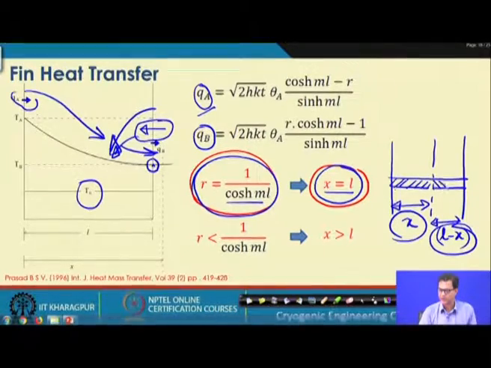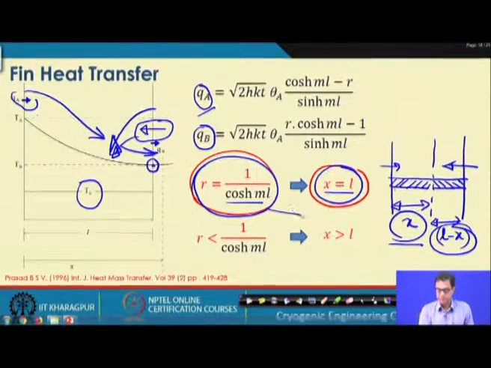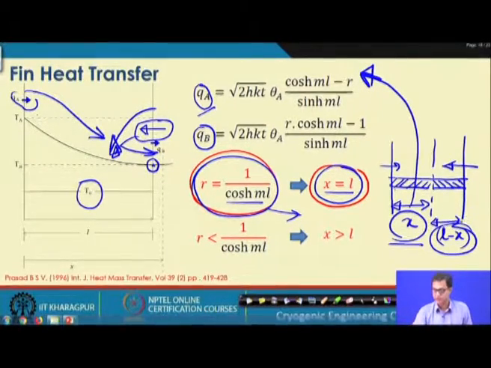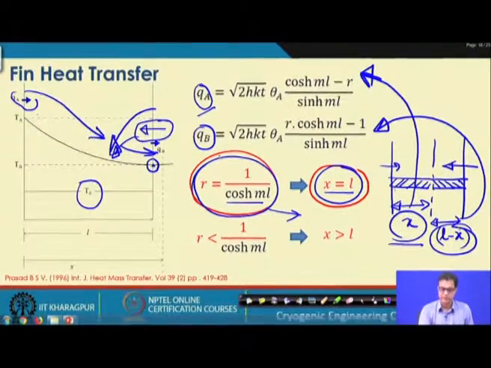Separately we have calculated, and q a is from here and q b was from here. And according to this, even if r equals 1 by cos hyperbolic m l, we will find that for this length x, we have q a amount of heat equals to this much, and over this length L minus x, we will have this heat transfer q b.